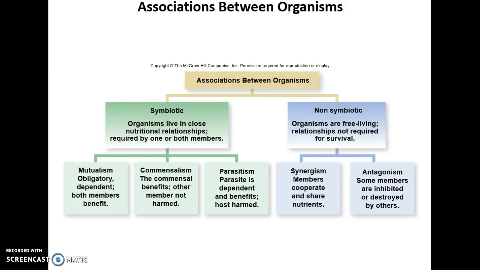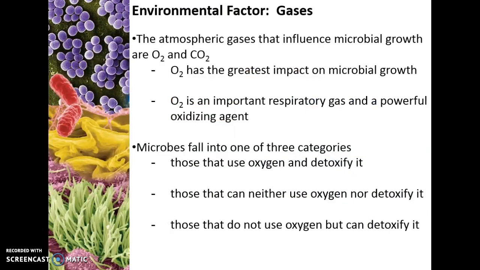And then there are the non-symbiotic organisms. These guys are free living, and you can have ones that are synergistic, and so they cooperate and share nutrients. There are ones that are antagonistic, and some members are inhibited or destroyed by others, and this is generally going to be through the production of different chemicals or antibiotics.